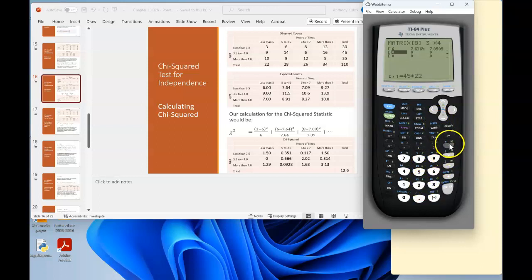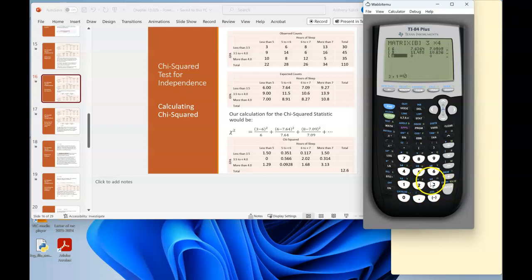30 times 22 divided by 110. 45 times 28 divided by 110. 45 times 26 divided by 110. 45 times 34 divided by 110.